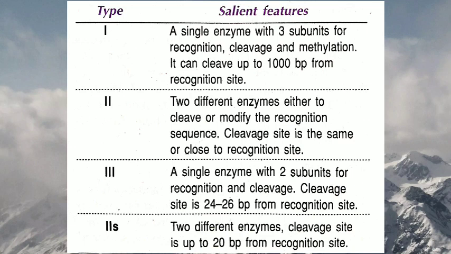Type 2, 2 different enzymes either to cleave or modify the recognition sequence. Cleavage site is the same or close to the recognition site. Type 3, a single enzyme with 2 subunits for recognition and cleavage. Cleavage site is about 24 to 26 base pairs from the recognition site. Type 2S, 2 different enzymes for the cleavage or recognition. Cleavage site is about 20 base pairs from the recognition site.